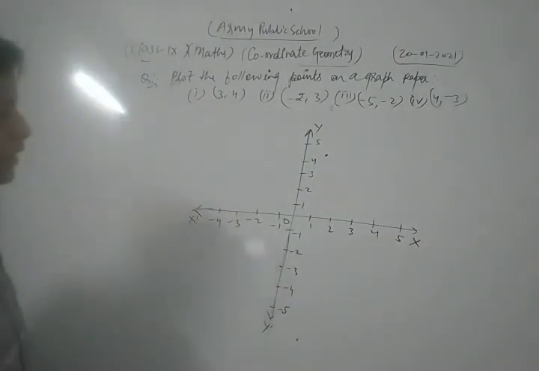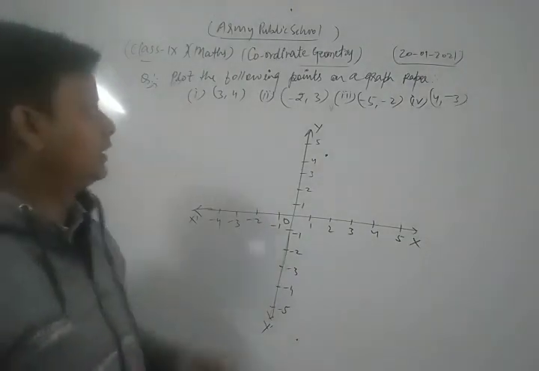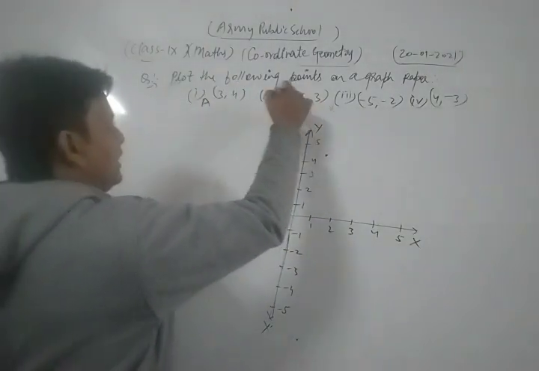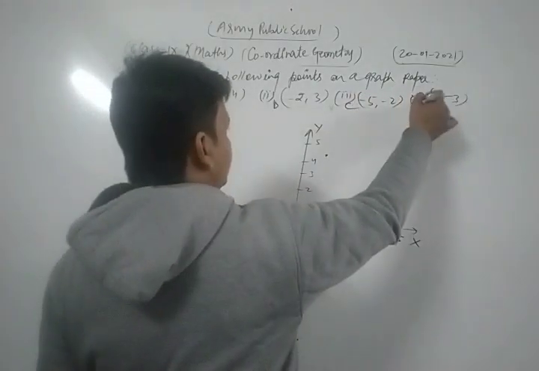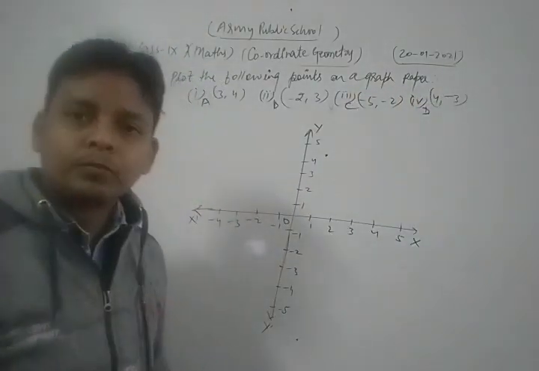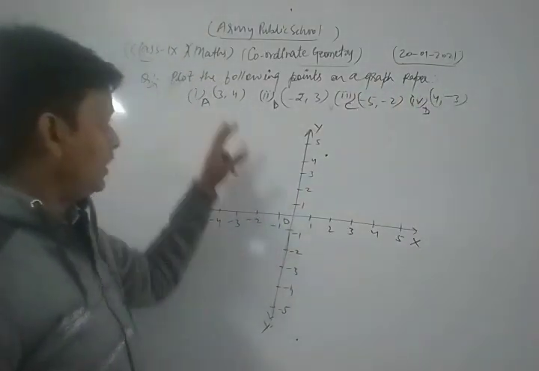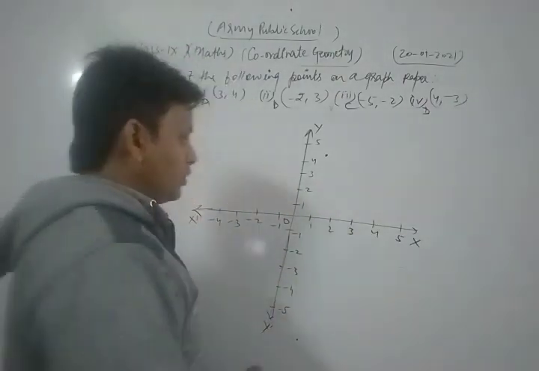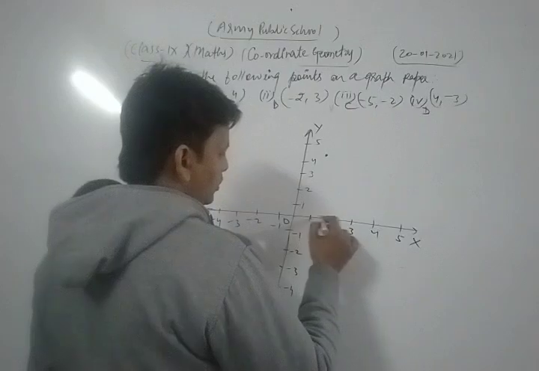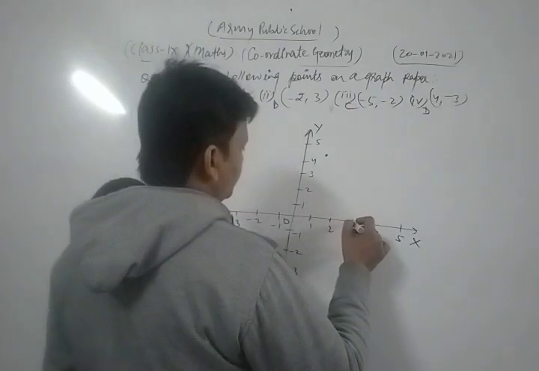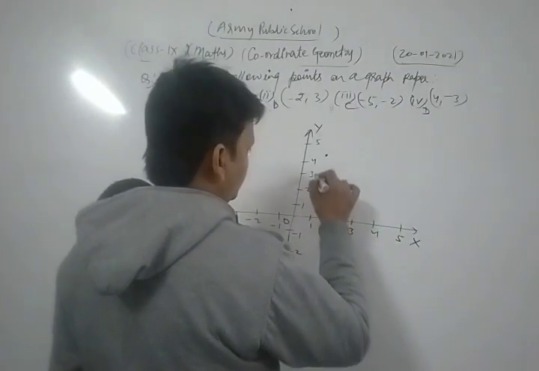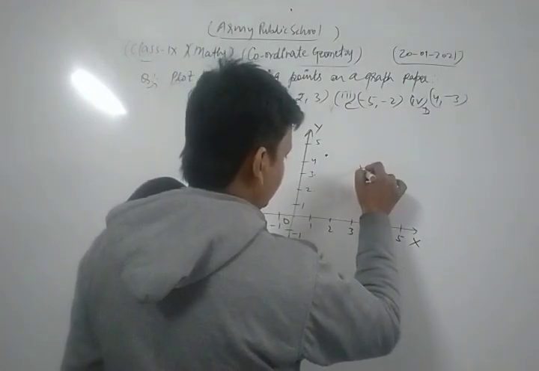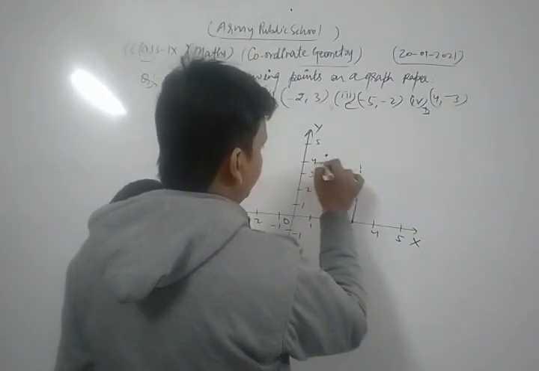Now let's see. Suppose this is A, this is B, this is C, and this is D. Now here (3, 4): abscissa is positive and ordinate is positive. So first of all we take 3, then ordinate is 4, 1, 2, 3, 4, and we join in this way, dear students.